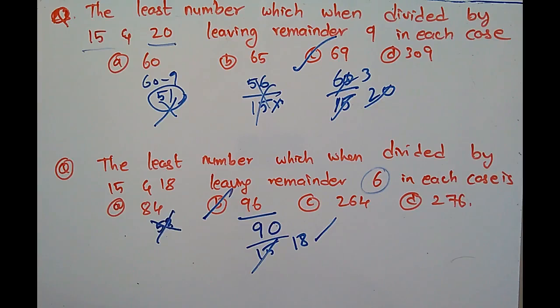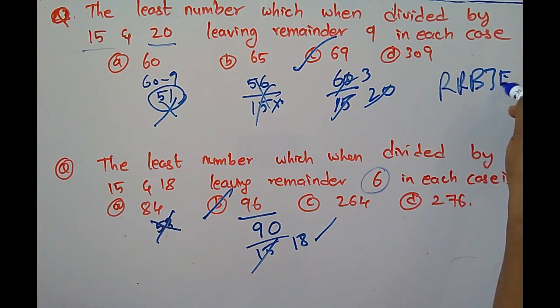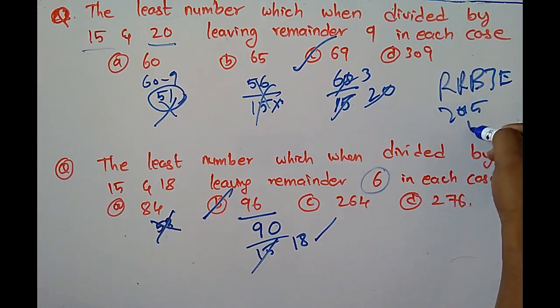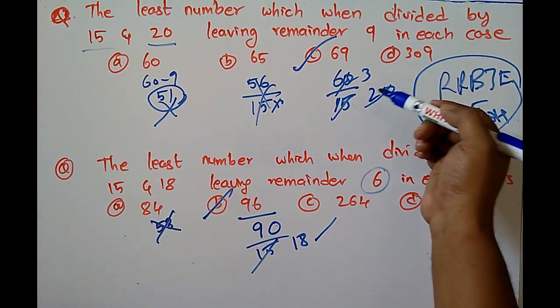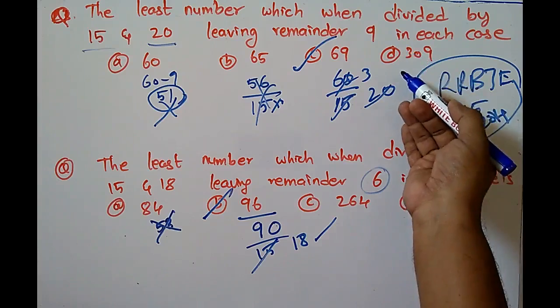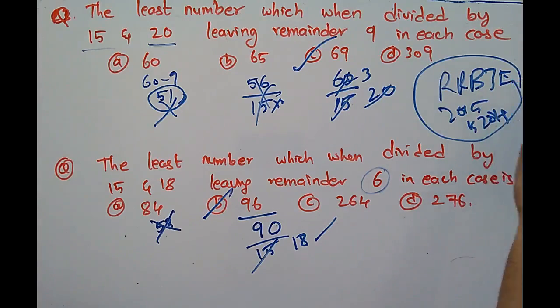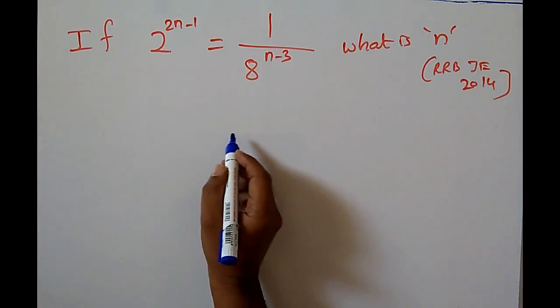But for the other people, I am explaining 3 to 4 problems, and all these problems are from RRB JE 2015 and 2014. These questions have come from RRB JE, friends. So even if you do this problem, who knows, the same problem may be repeated in the exam. So friends, let us see another problem.